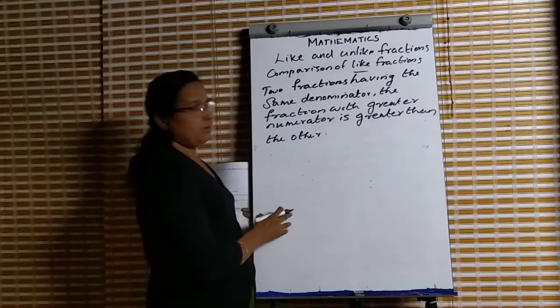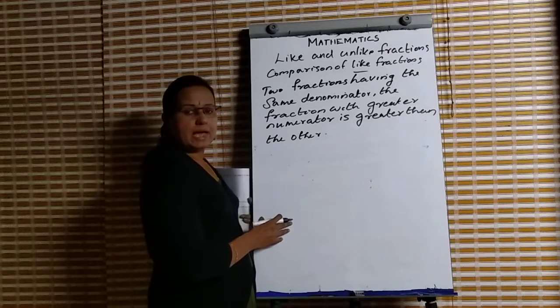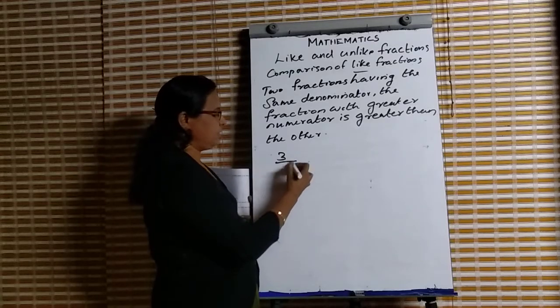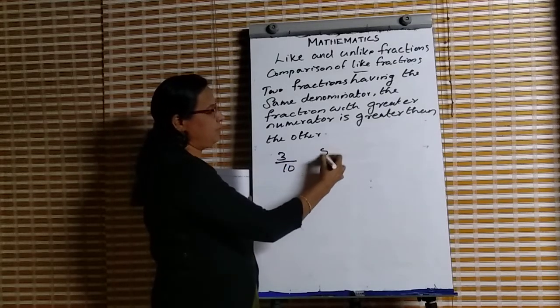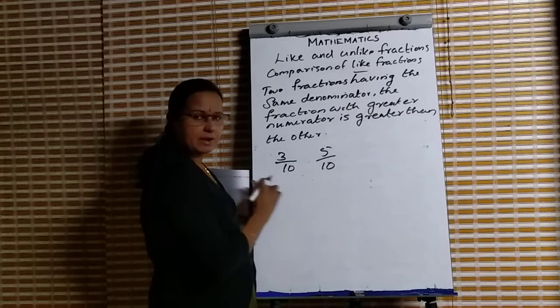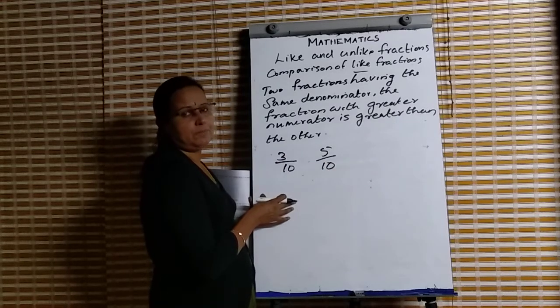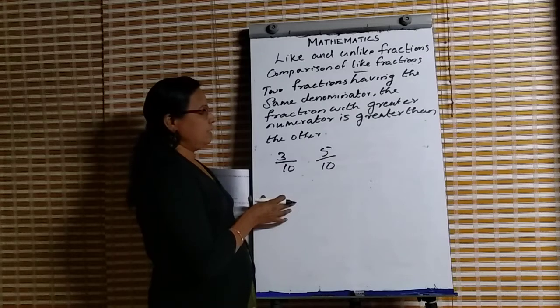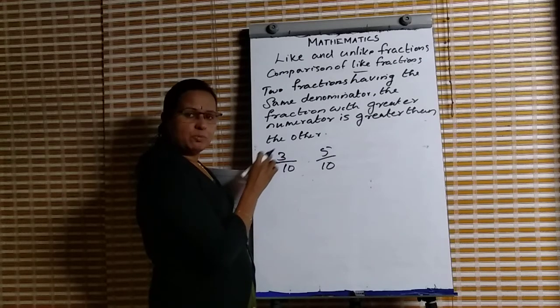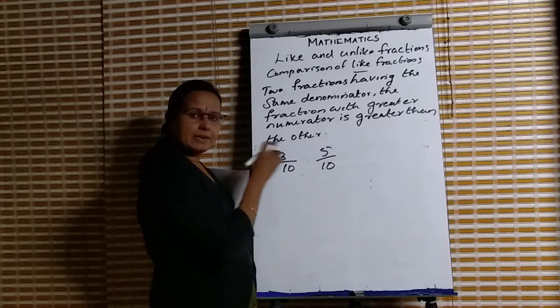Listen to comparison of like fractions. The 3 by 10 and 5 by 10 are like fractions. We have to compare and find which is the greatest. For that, the greater numerator is greater than the other.